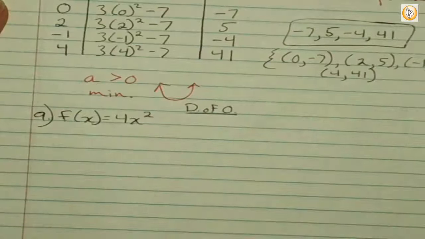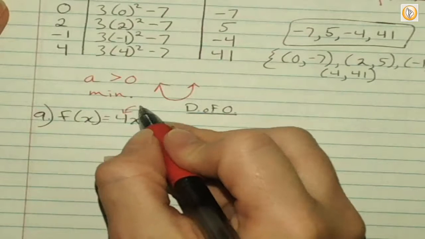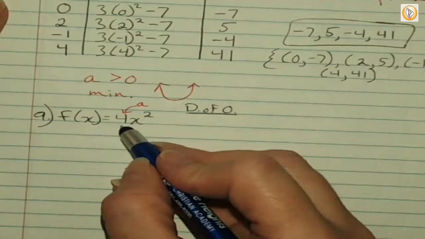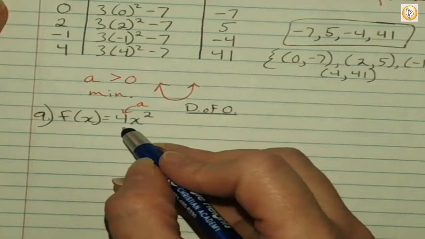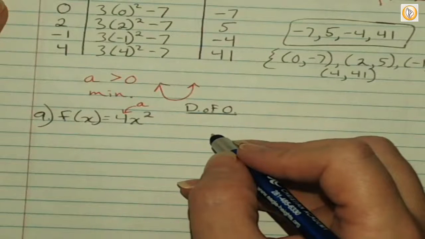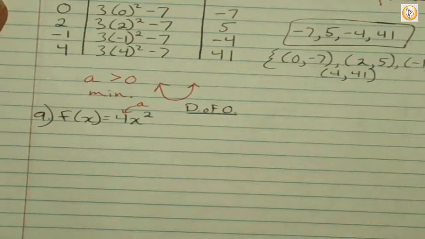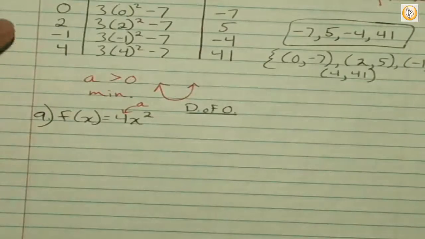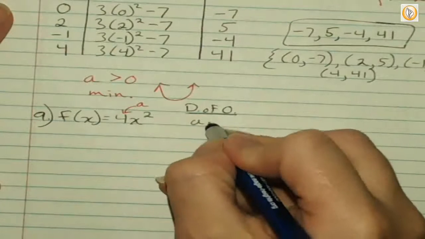We're going to look at that first. This is your A. A is greater than 0, so is it going to be opening up or down? It opens up. If A is greater than 0, it opens up. That's right.